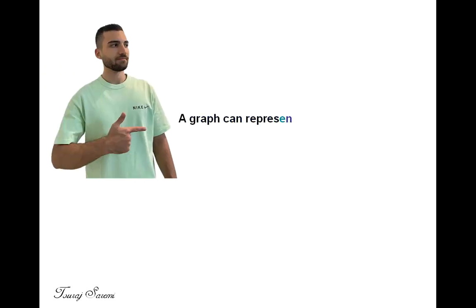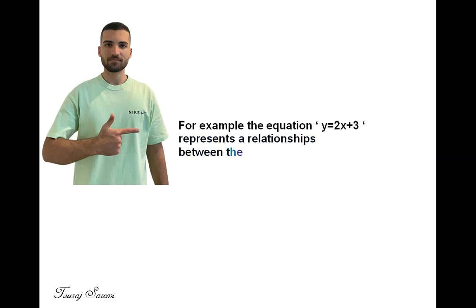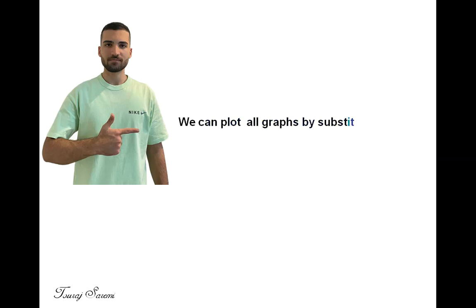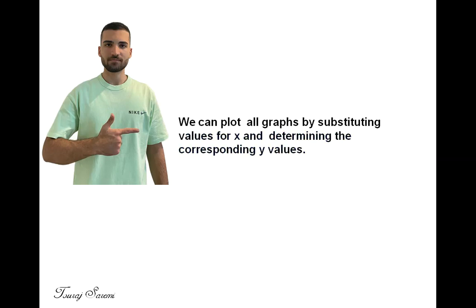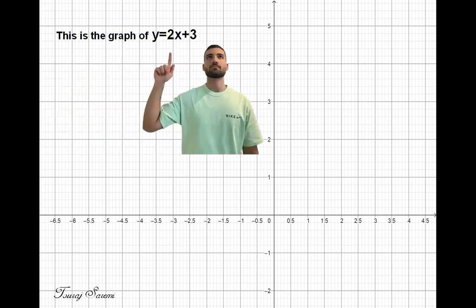A graph can represent the relationships between two or more quantities. For example, the equation y equals 2x plus 3 represents a relationship between the variables x and y. We can plot all graphs by substituting values for x and determining the corresponding y values. This is the graph of y equals 2x plus 3.